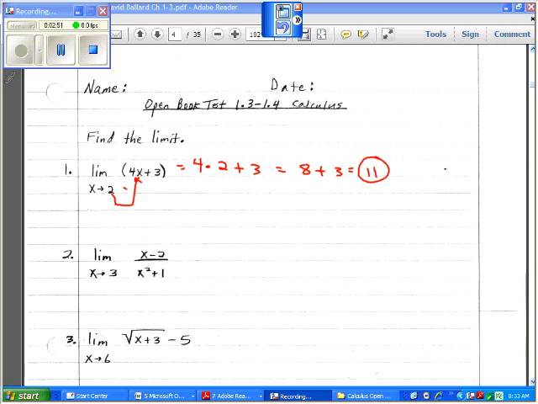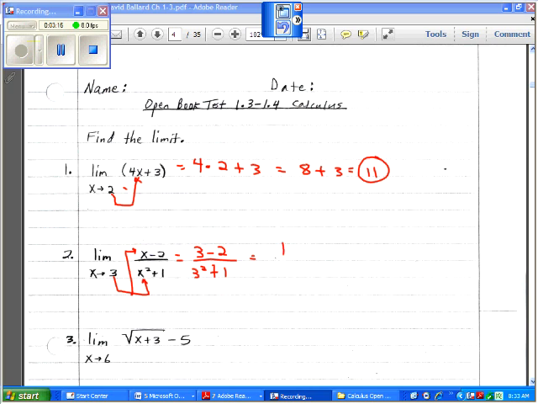Therefore, the limit as x approaches 3 is the same as the function value at x equals 3. So we're going to replace the x in both places with the 3. We'll have 3 minus 2 over 3 squared plus 1.